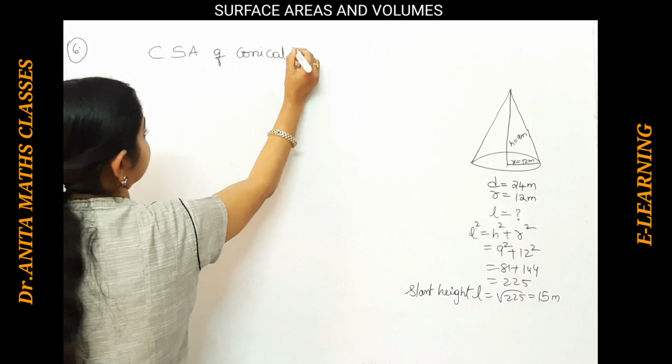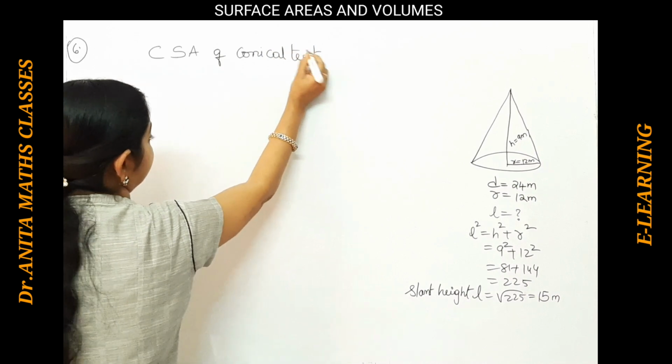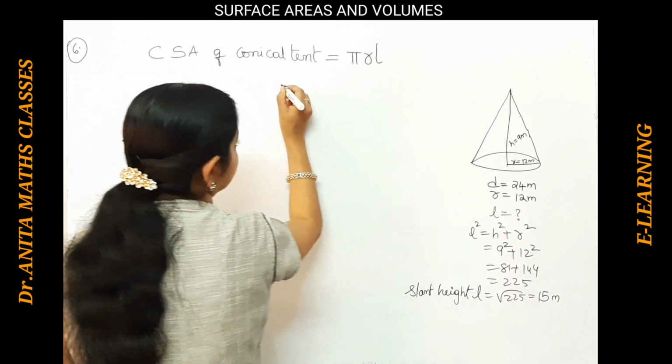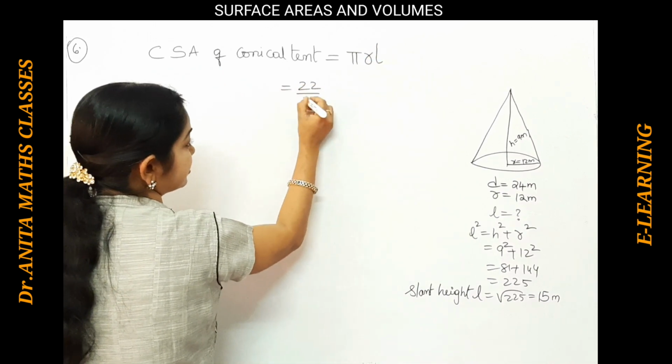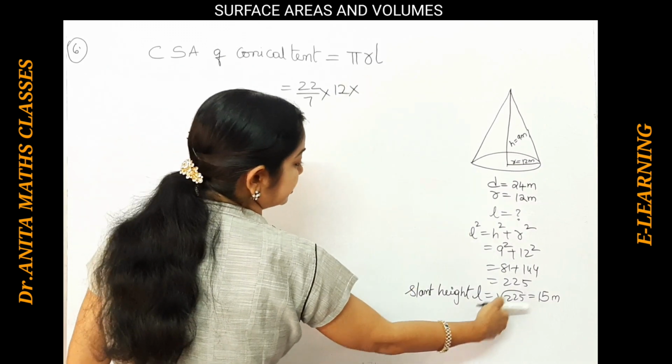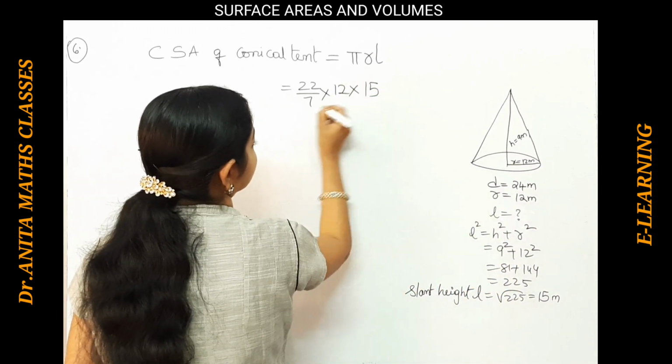So the curved surface area of the conical tent is pi r L. Here 22 by 7 into 12 meters is r, and L we got as 15.